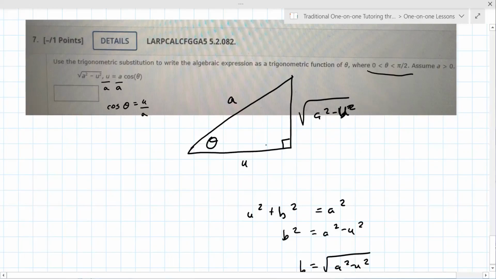Niko, any issues with what I did there? Anything you would like me to clarify? I think I got it. Okay. So they're asking, how can you write this as a trigonometric function of theta and u?